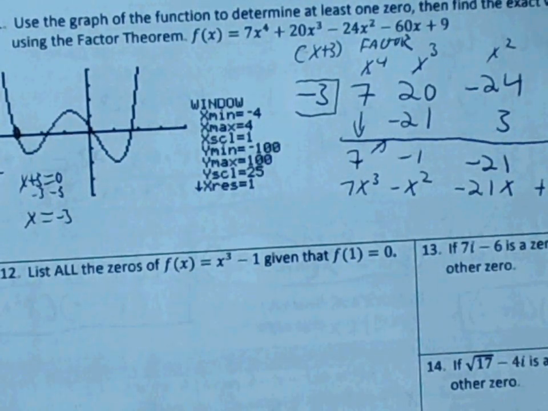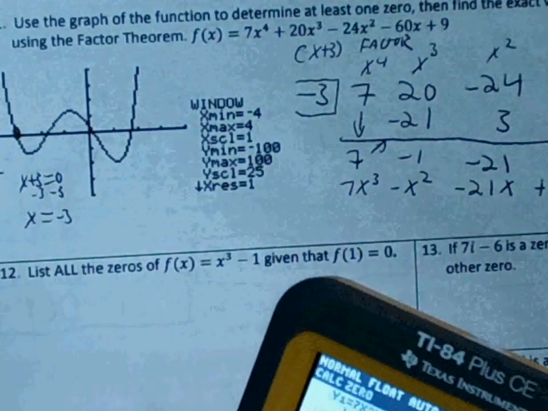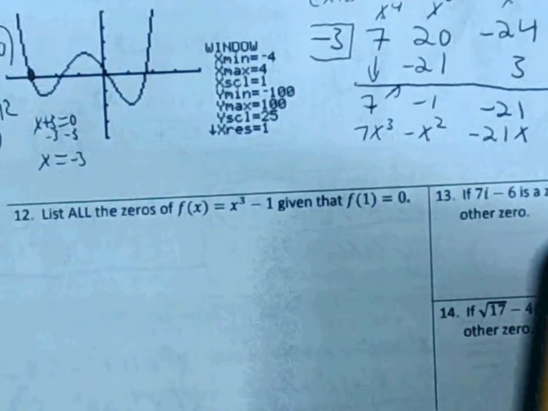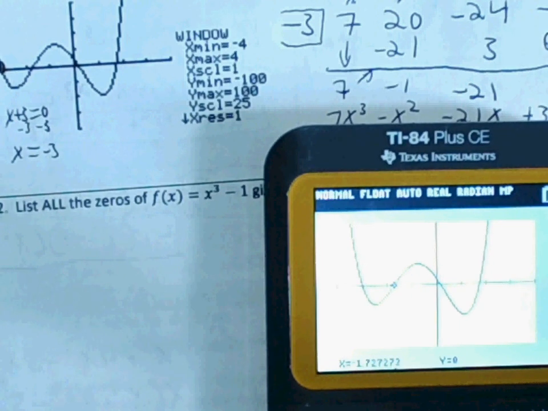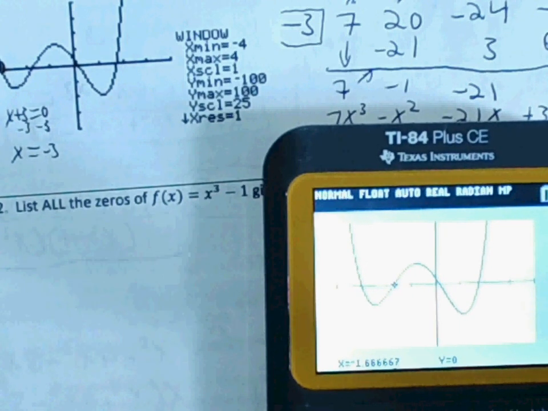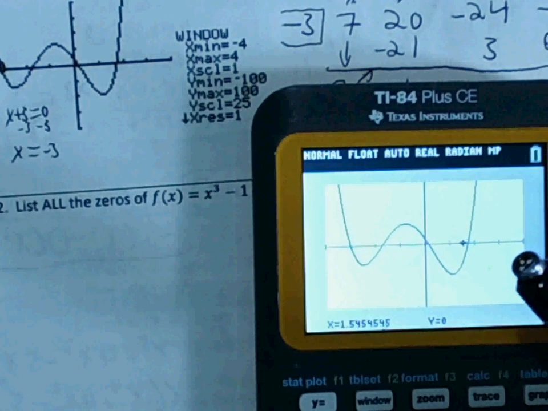Okay? And then at this point, it's hard to find those exact values. So at this point, to find the zeros, you just look at the values right here. You can use your zero function to find the zeros here, and here, and here.